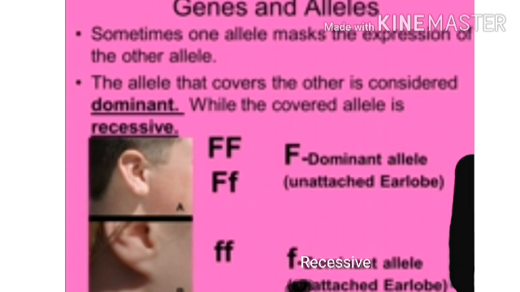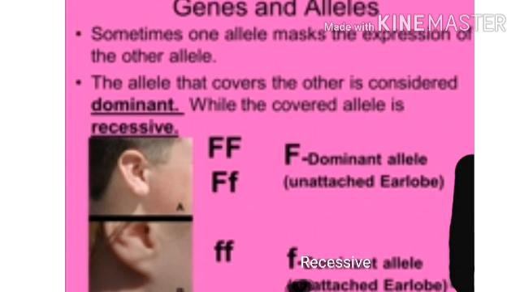Next term is the dominant and the recessive allele. Sometimes one allele masks or suppresses the expression of the other allele. The allele that is expressed is known as the dominant allele, while the allele that is masked or covered is known as the recessive allele.